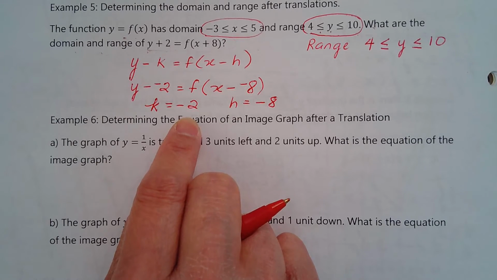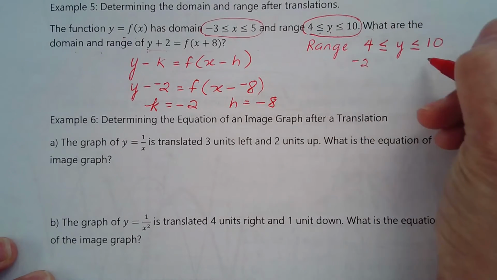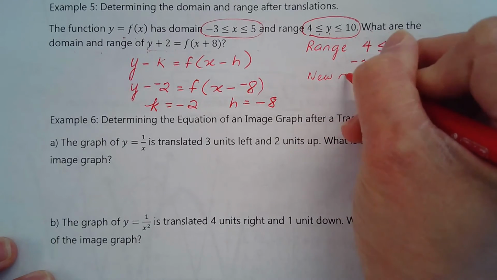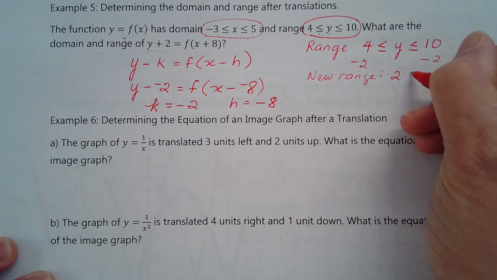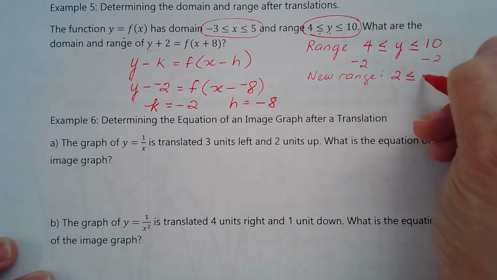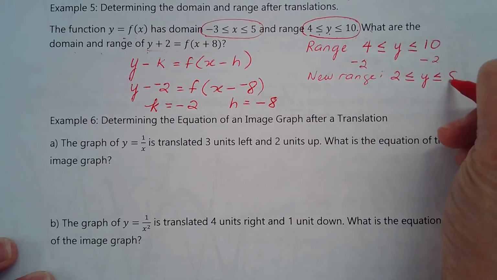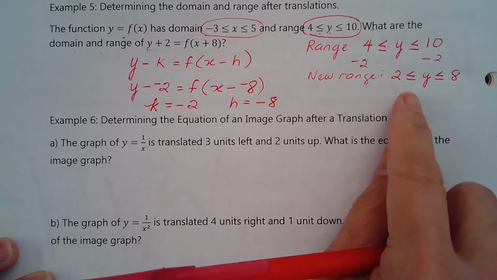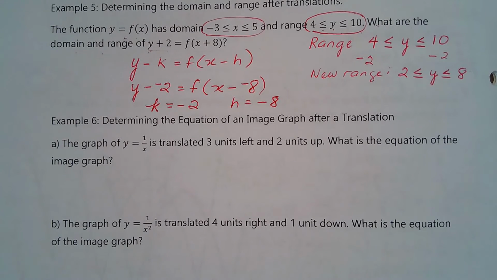So we gotta subtract 2 for every single one. So the new range would be y is greater than or equal to 2, but less than or equal to 8. Now it's from 2 to 8, because everything shifted down by 2.